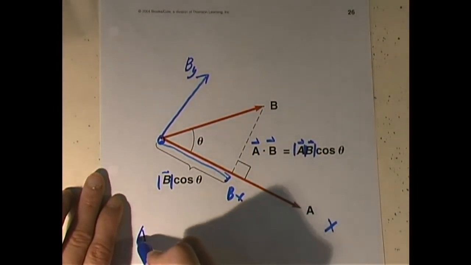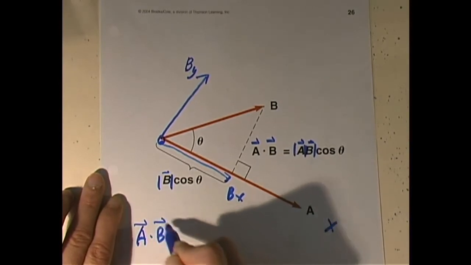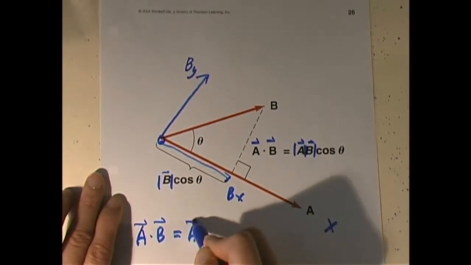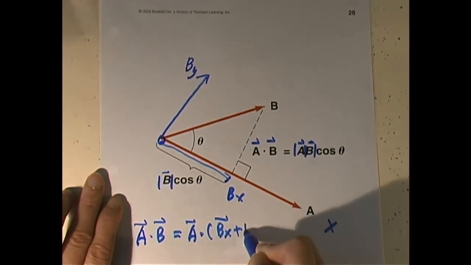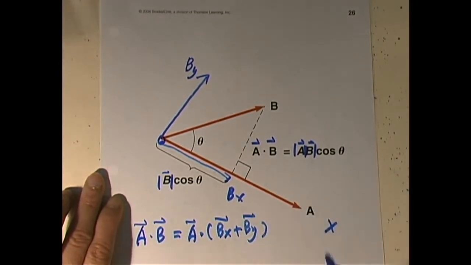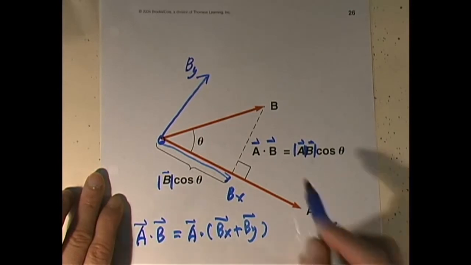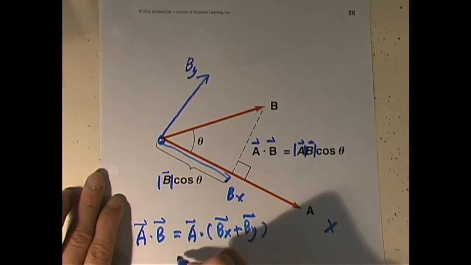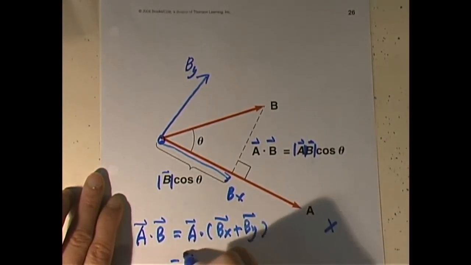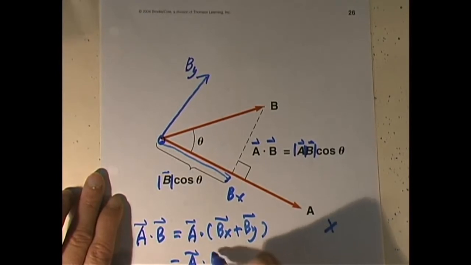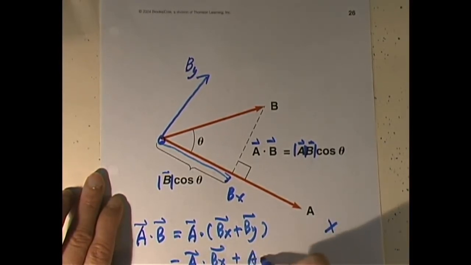So a dot b, if we separate our b, will be a dot of bx plus by. And according to what we know, this is the law of distribution: a dot bx plus a dot by.